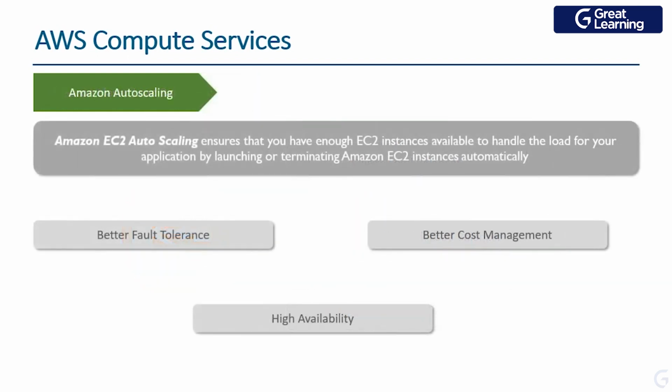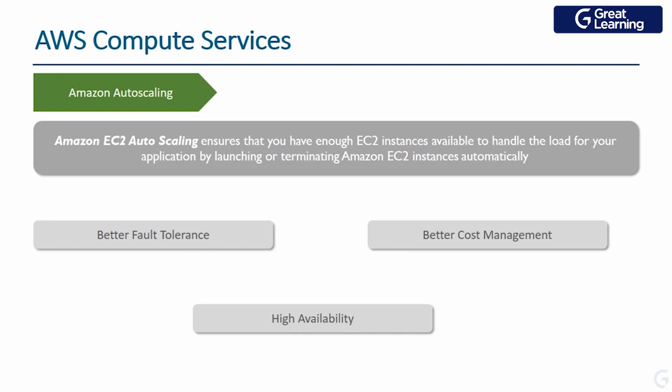The next point on our screen is auto-scaling. When you talk about auto-scaling in particular, Amazon gives you the freedom of upscaling and downscaling your instances. Let's assume that you have certain instances where your data is residing. Some of your instances might experience a lot of traffic, and in some cases, they might not experience traffic.